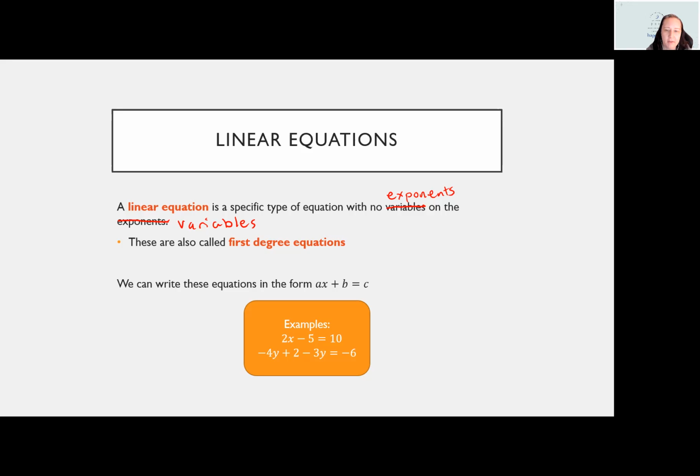We can write these equations, usually you'll see it in the form ax plus b equals c. So a, b, and c are numbers, and then you'll have your variable x. x is the most common variable that we use. So 2x minus 5 equals 10 is that form of ax plus b equals c.